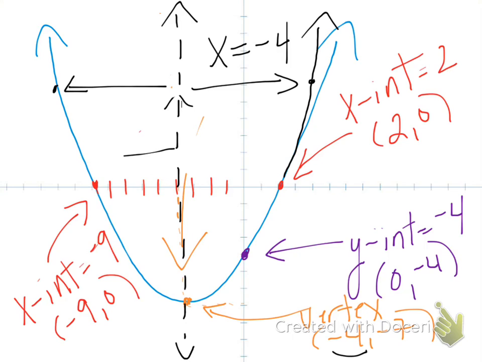So the points should be equally spaced, symmetrical to the axis. All points on the graph are symmetrical to the axis of symmetry. Makes total sense if you say it out loud. Okay, so those are the basics for me. Let's go to the next page because it's getting a little bit cluttered.